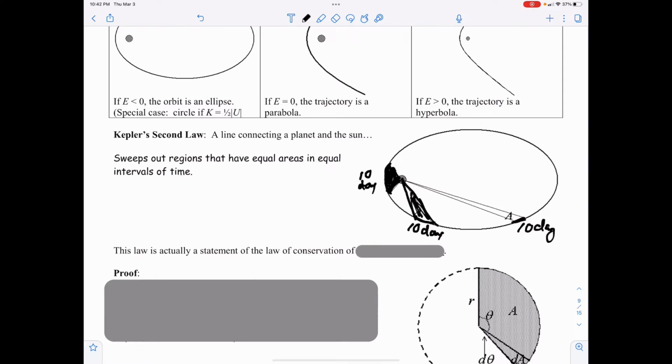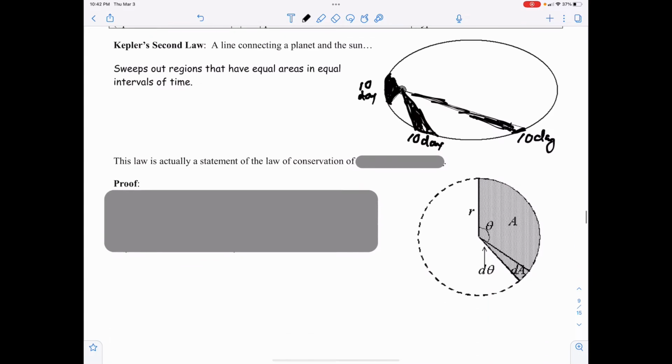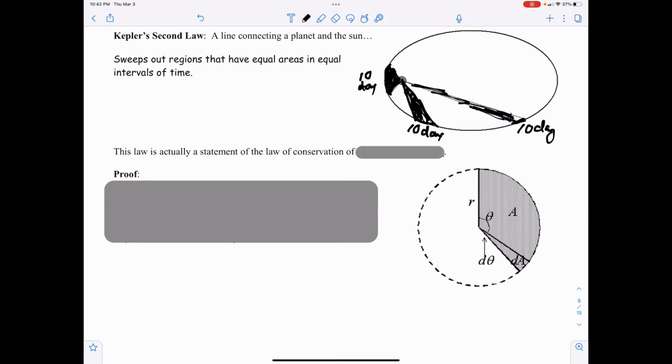Equal times sweep out equal areas. This law is actually a statement of the law of conservation of angular momentum.